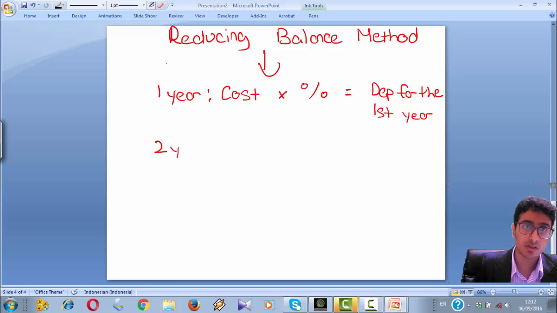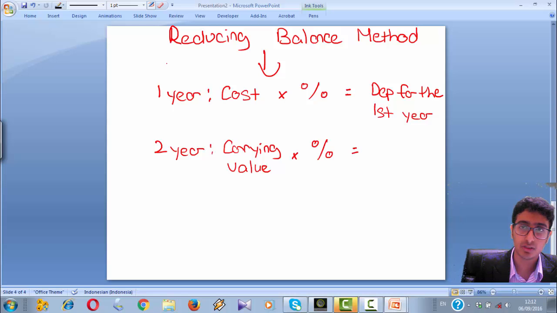In the second year, it will be not cost, but it will be carrying value multiplied by the depreciation percentage. Now remember, to calculate carrying value is cost minus accumulated depreciation.